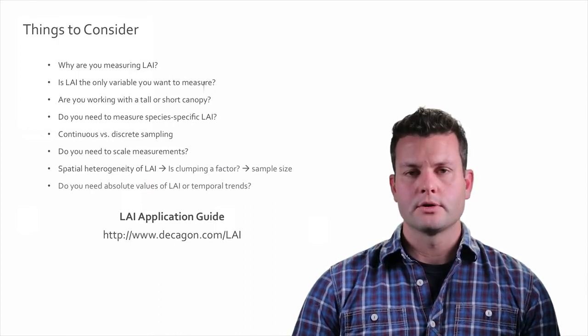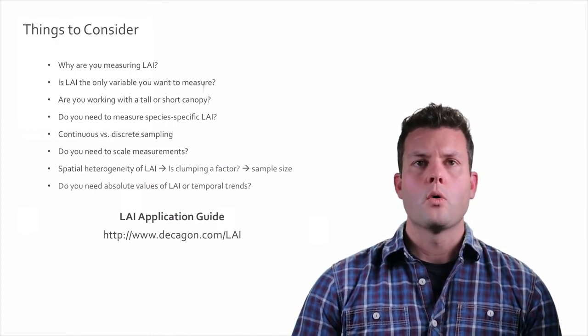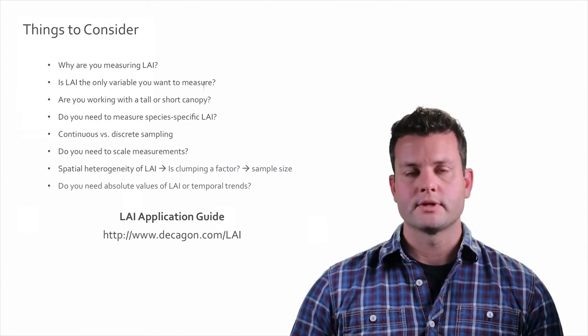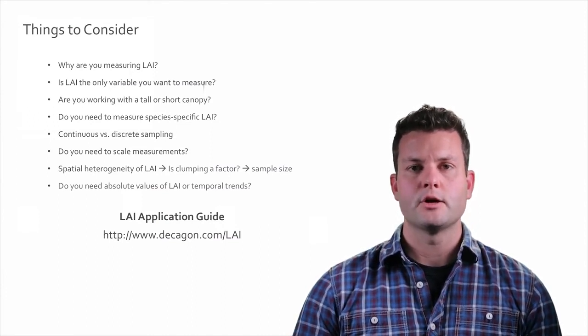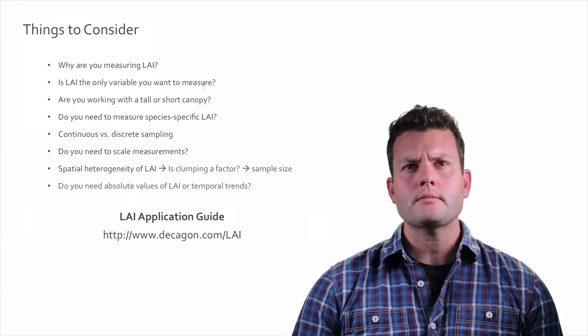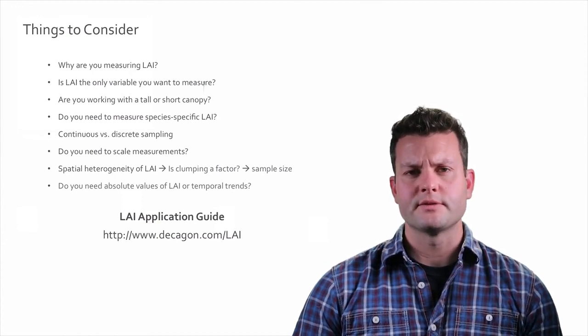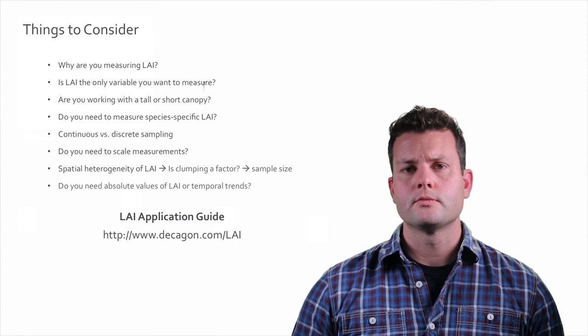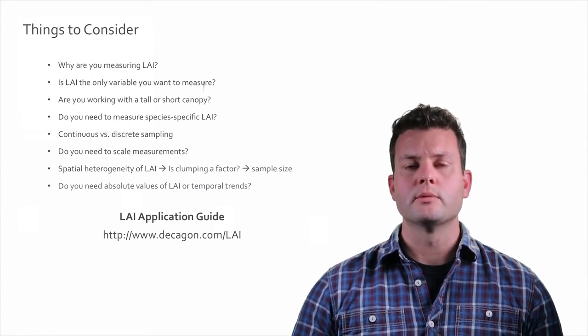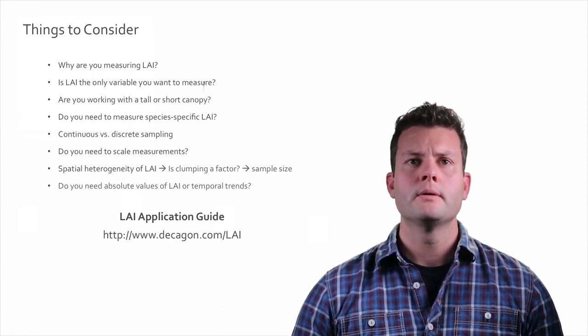In that case, maybe you're looking at hemispherical photography or some sort of light transmission measurement like the LP80 gives. Do you need to measure species-specific LAI? In this case, direct harvest is probably the only method that's appropriate.